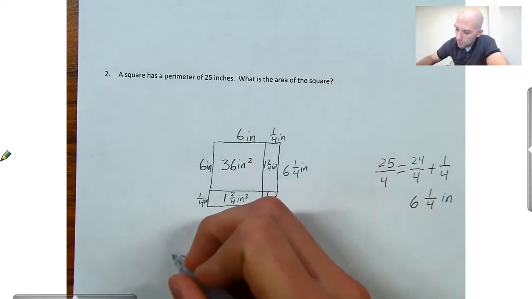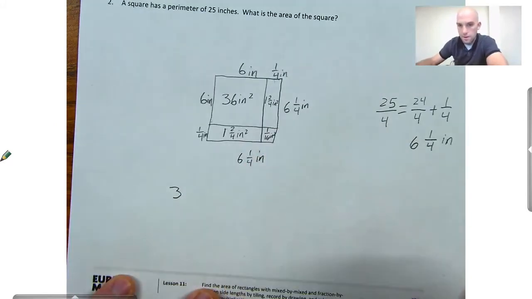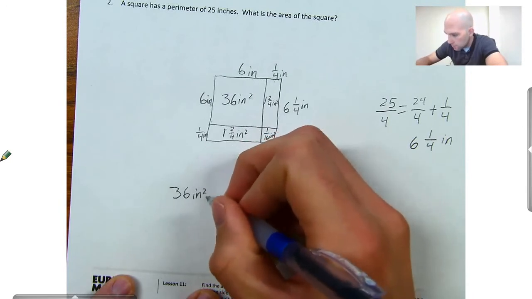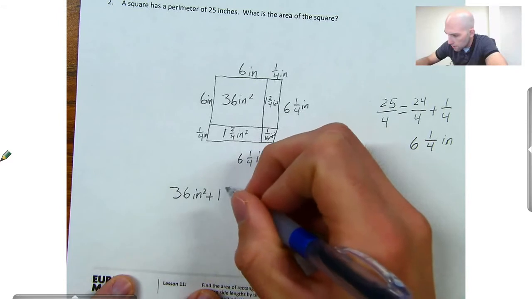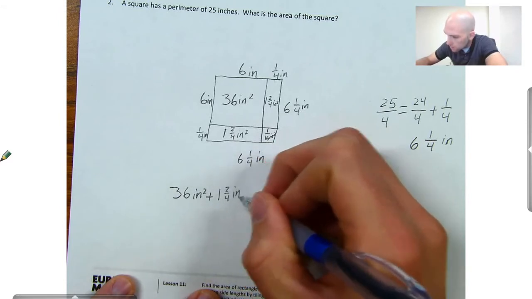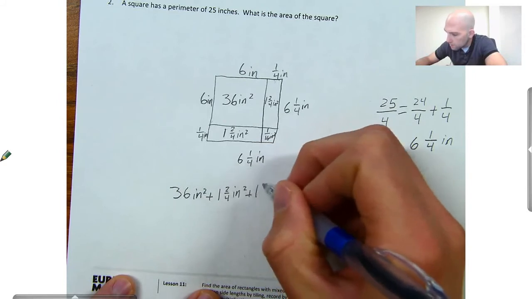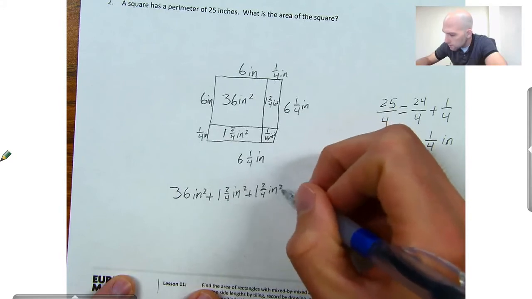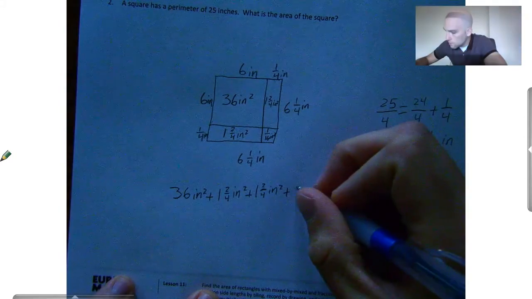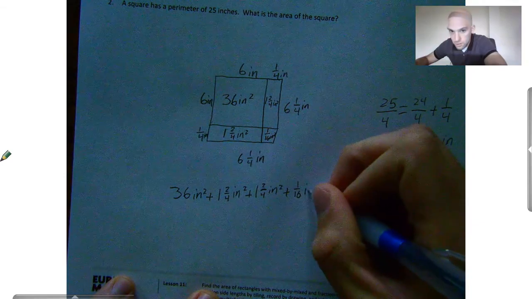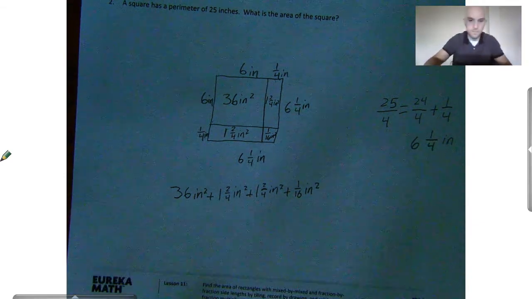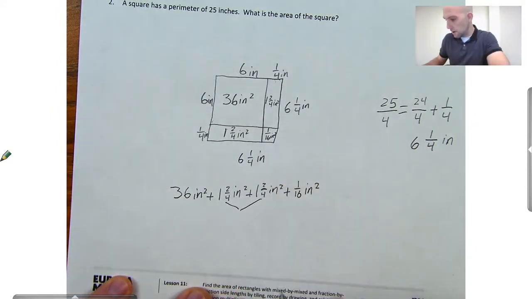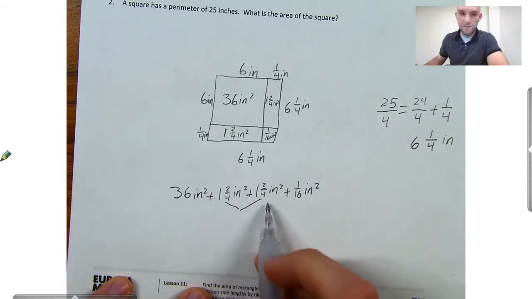So now I need to add up all of my areas, my partial products. 36 square inches plus 1 2/4 square inches plus 1 2/4 square inches plus 1/16 of a square inch. Well, let's add these two together first. So I have 1 2/4 and 1 2/4, which is really 1 1/2 plus 1 1/2.